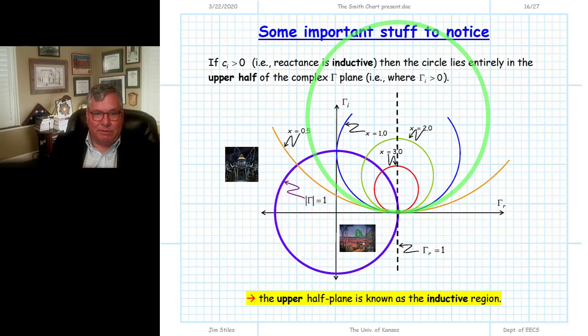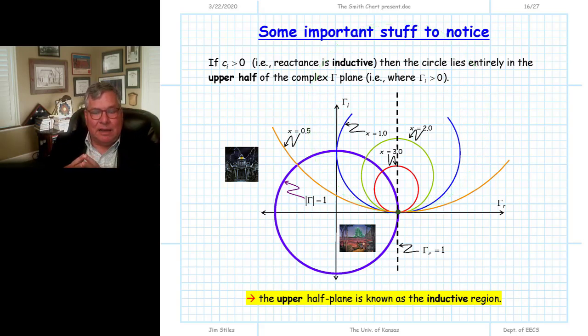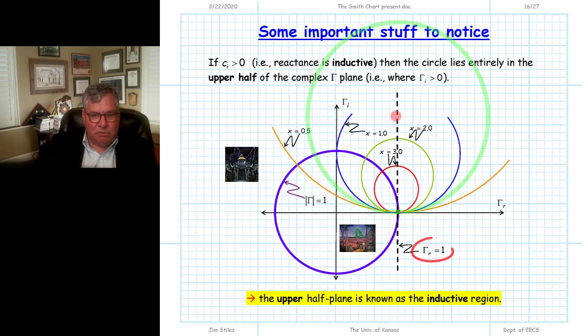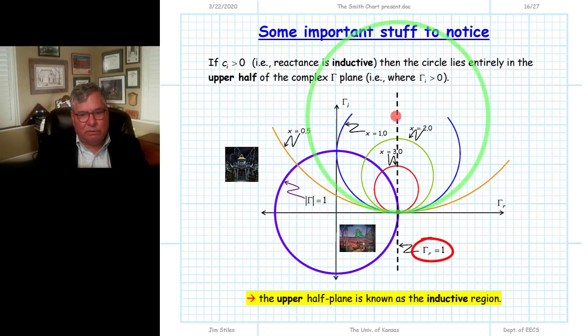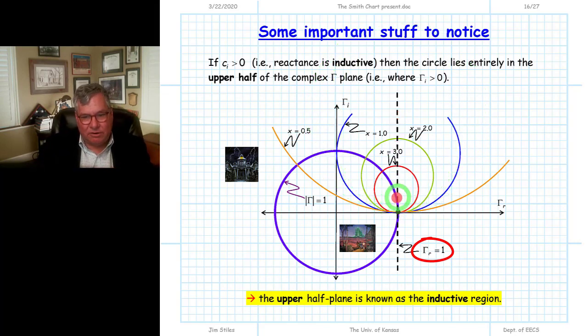The other thing that happens as the value of x becomes greater and greater, more and more positive, is that the center of the circle will move. It will slide down a contour, which is the contour of gamma r equal to 1. Remember, we found the center of every circle must be on this contour.